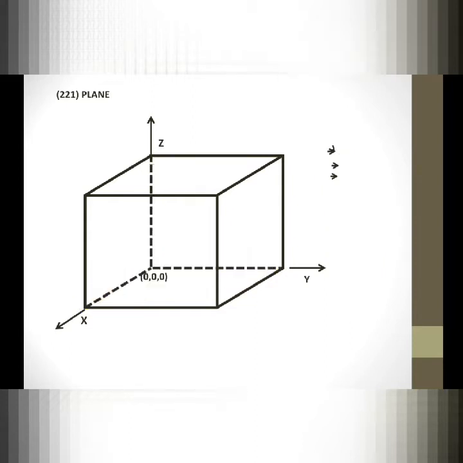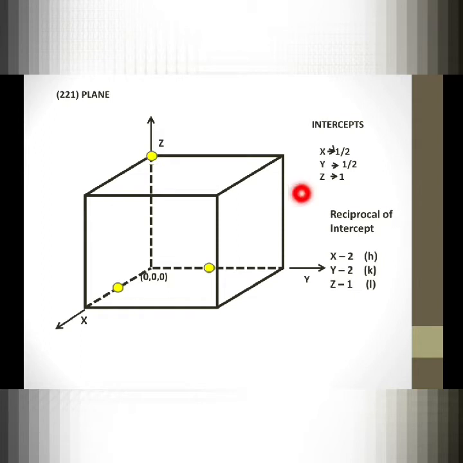Now another example, taking the intercepts as x is equal to half, y is equal to half and z is equal to 1. The reciprocals of the intercepts are 2, 2 and 1. So by joining these 3 points, what plane do we get?